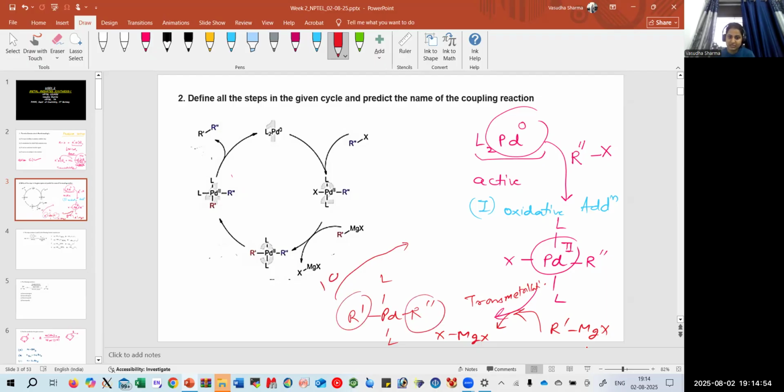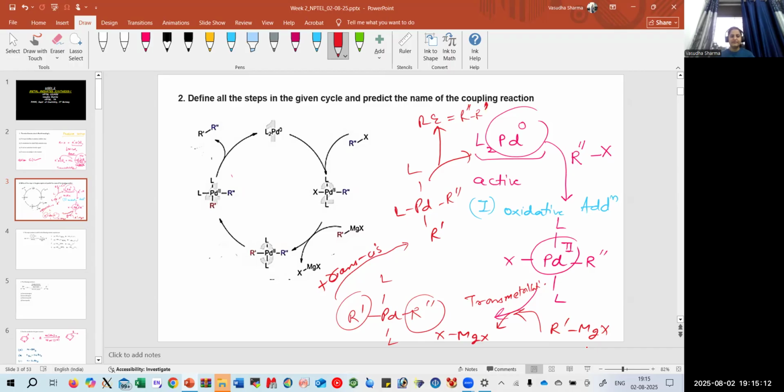So it will undergo trans to cis transformation and therefore it would form L palladium L R dash R double dash and then it would undergo reductive elimination to give you R R dash.